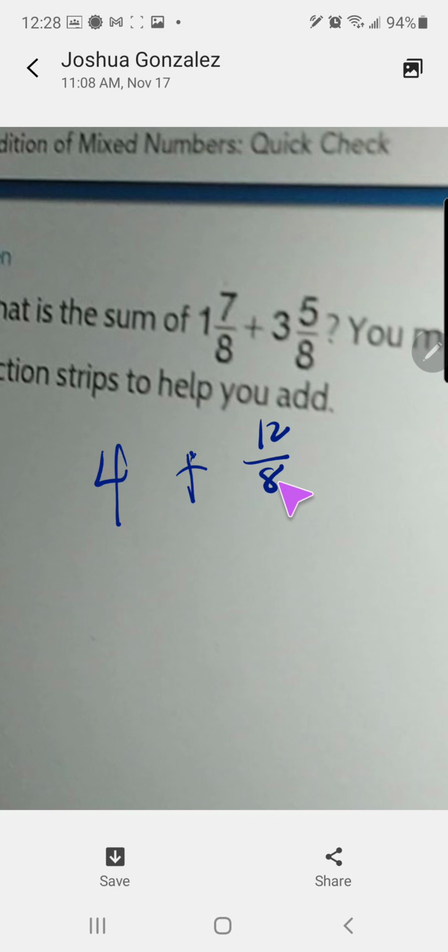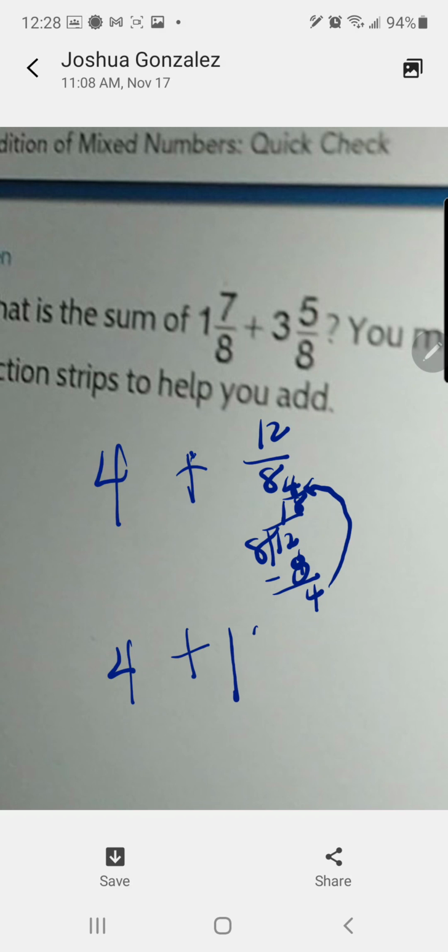When we divided 12 by 8, we converted that into 1 and 4/8, right? A mixed number. So now we're going to add 4 plus the mixed number, 1 and 4/8. Very easy, just add your whole numbers. 4 plus 1 is 5, and then bring down your fraction, 4/8.